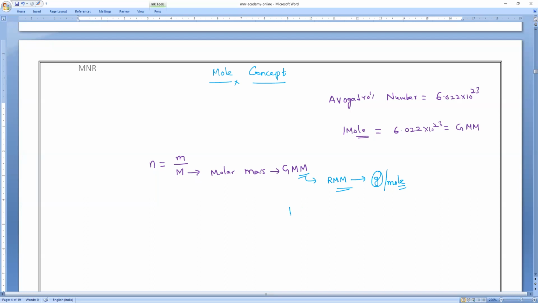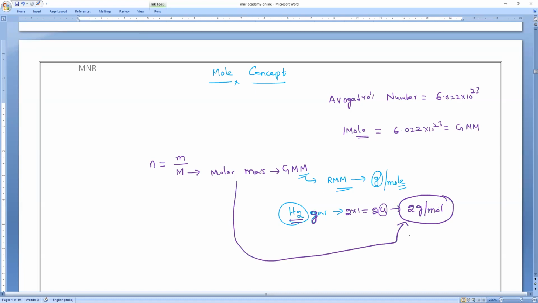So for example, if I take hydrogen gas, what is the atomic mass of hydrogen gas, everybody? Hydrogen gas atomic mass, how much? 2 into 1, which is equal to 2 u. Now, if I replace this u with gram per mole, that is what we call the molar mass.